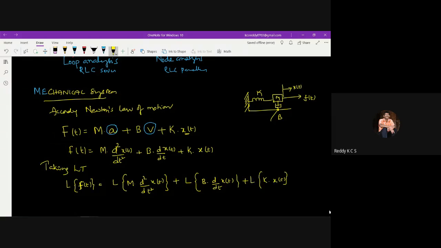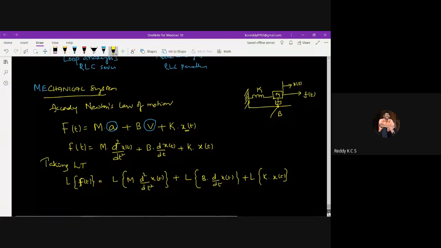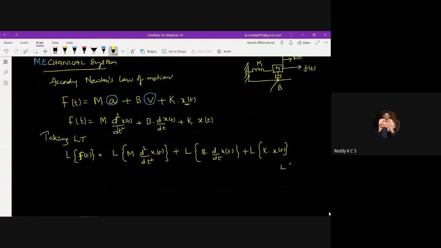We know that the Laplace transformation of f of t is f of s, so here the force will become f of s.